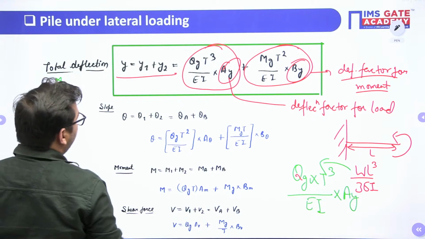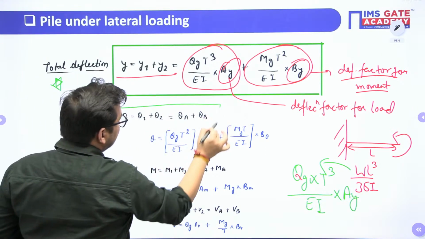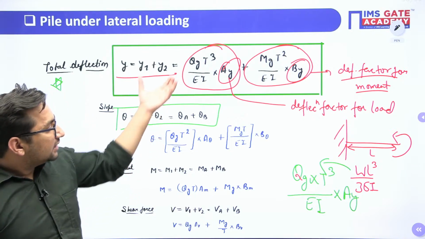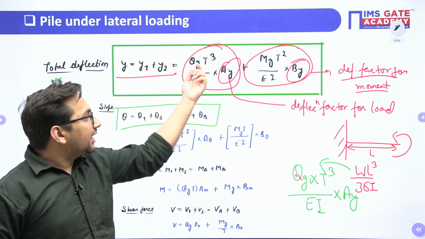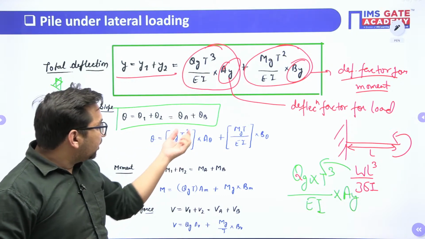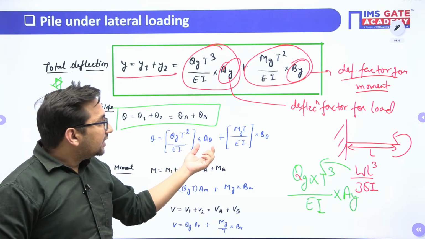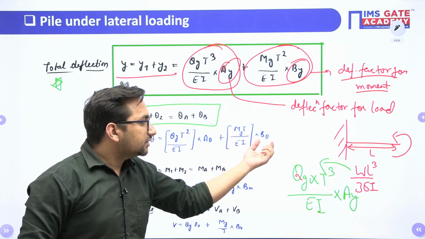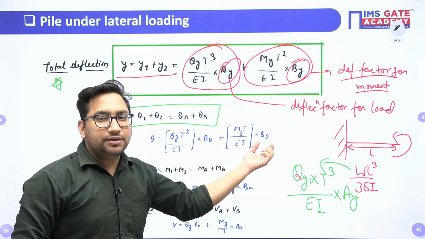You can also remember the theta formula, that is the slope value. We know that the slope will have one dimension less than the deflection value. So it will be Qg T square upon EI into the slope factor plus Mg into T upon EI into the slope factor for moment, right?